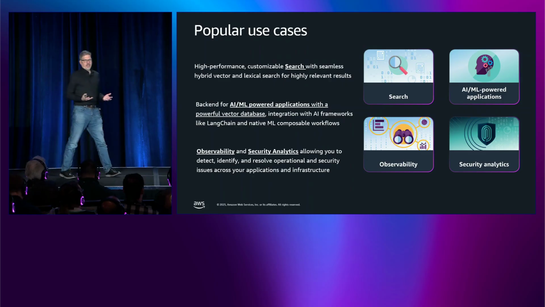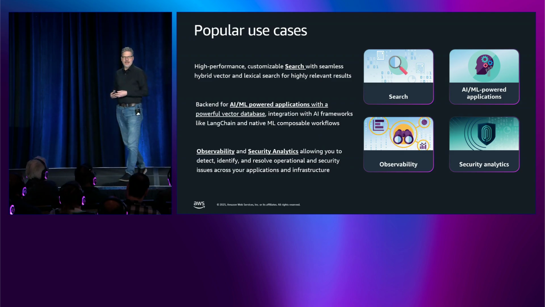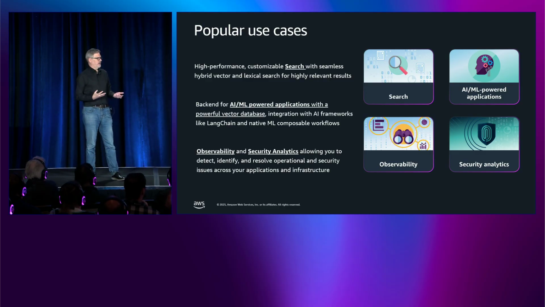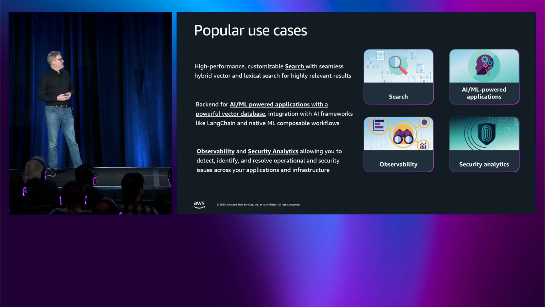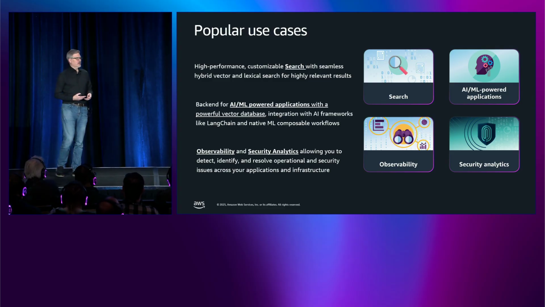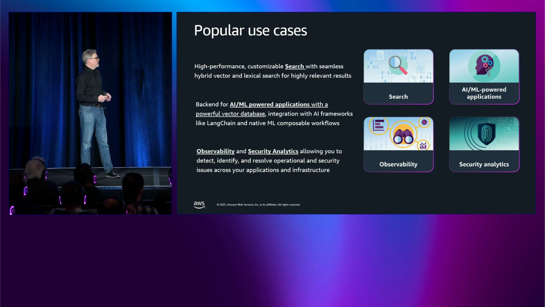So before we jump in, it's important to talk about what I do with this OpenSearch thing. OpenSearch is a very popular platform for a number of use cases. First and foremost, as the name implies, it's a search engine. It is super popular for building search applications, and more search applications are becoming the foundation for Gen AI and AI-powered applications that leverage OpenSearch as a search backend.